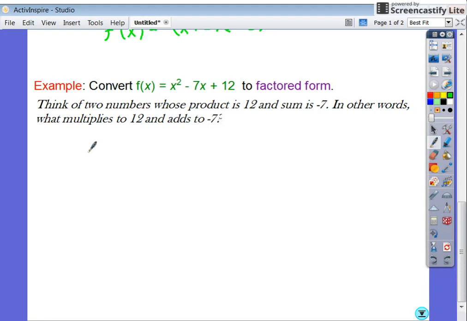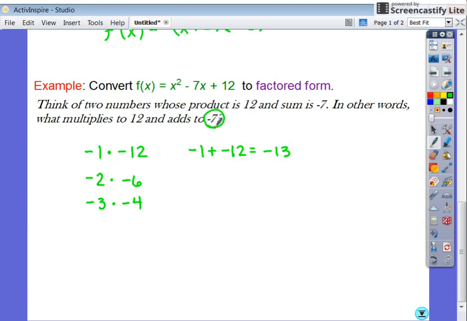So for my factors of 12, I have negative 1 and negative 12, negative 2 and negative 6, negative 3 and negative 4. When I add these together, negative 1 plus negative 12 is negative 13, and I'm supposed to get negative 7.